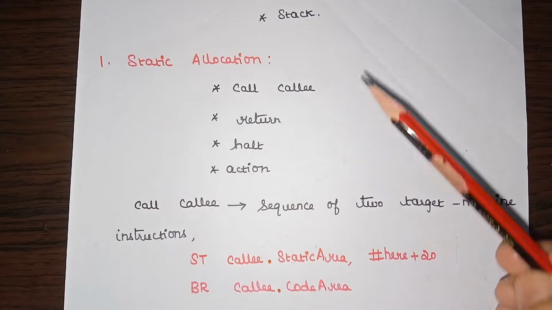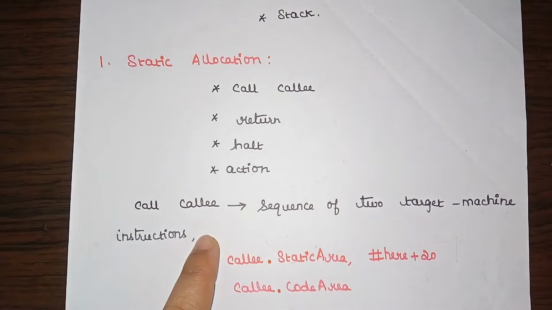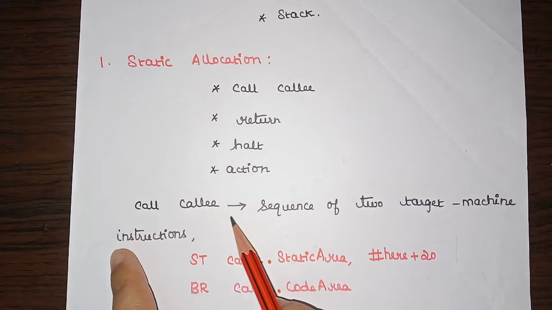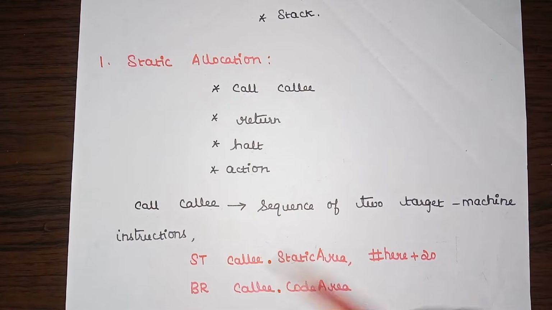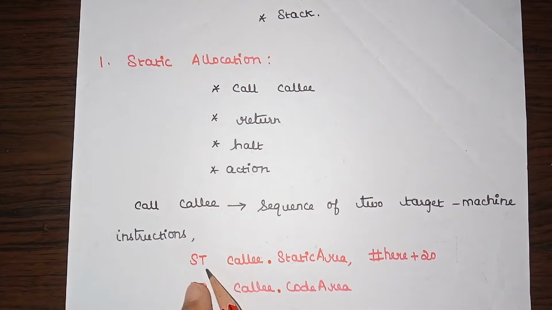Let us take this one. First is the call callee, a statement in the intermediate code, which can be implemented by 2 target machine instructions. The ST instruction stores the return address at the beginning of the activation record, and the BR is the branch, which transfers the control to the target code for the called procedure.